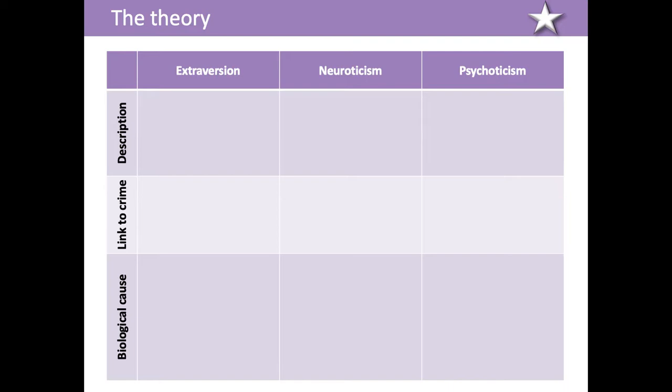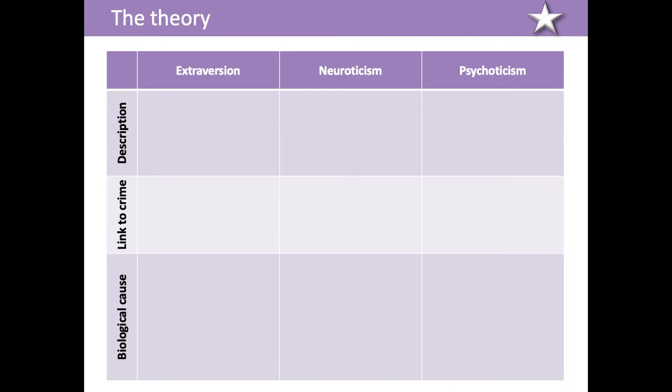The extension material that everyone should try to get to grips with, but not worry too much about if they don't understand everything behind it, is the biological cause. So when we get to the bottom of the table, try and think about those words, try and remember those phrases, but if you don't fully understand it, don't panic too much, because this is the very hardest stuff that we've done so far.